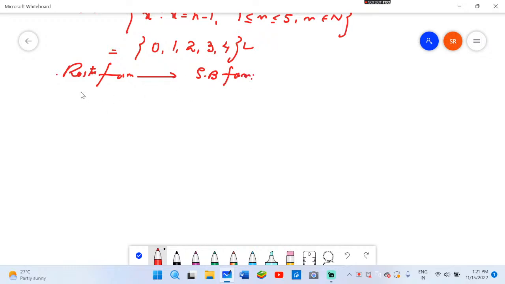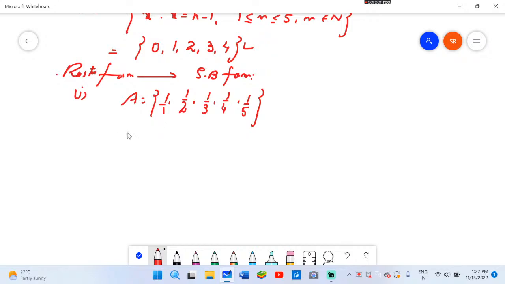See, first is set A. It is 1, 1 by 2, 1 by 3, 1 by 4, 1 by 5. I can write 1 as 1 by 1 also, just for convenience.